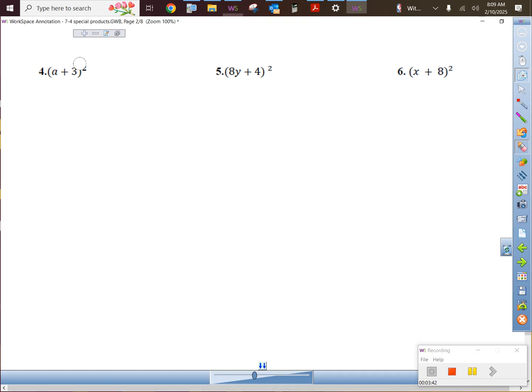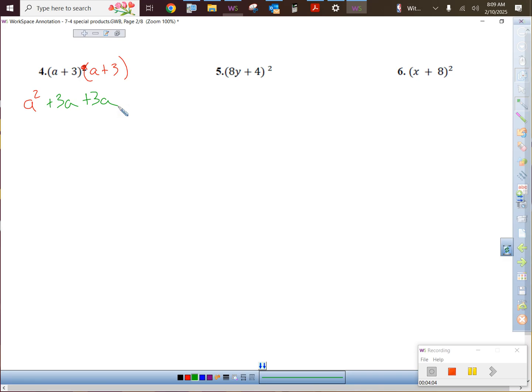Isn't it a times a? Are you with me on that? It's a times a, right? Because if you wrote that group again, a times a, which is how much? A squared. And then you get a times 3, which is 3a, plus another 3a. And then what would the last one turn out to be?